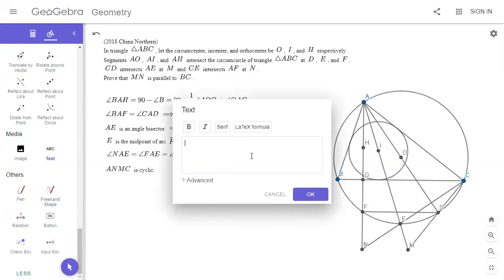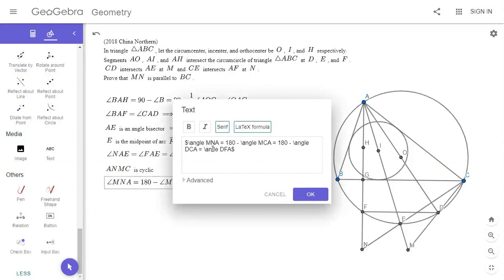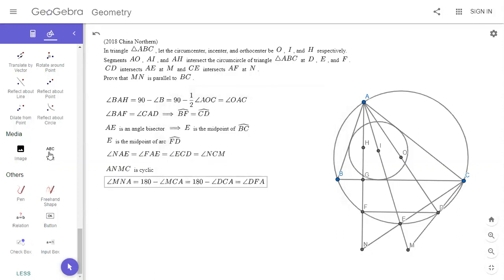So angle MNA is 180. So this is basically just proving lines here. Is 180 minus angle MCA is 180 minus angle DCA, which is equal to angle DFA. And so therefore MN is parallel to DF, which is parallel to BC.